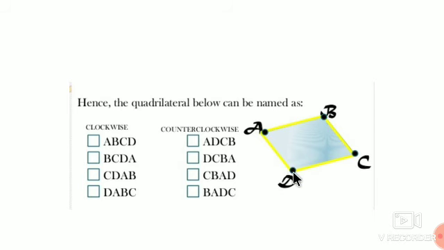A, D, C, B. Again serially. Then quadrilateral D, C, B, A. Or quadrilateral C, B, A, D. Or quadrilateral B, A, D, C. Like this you can read and write the name of the quadrilateral.